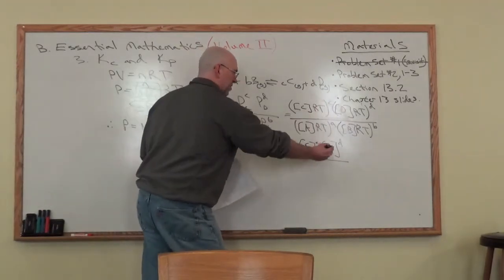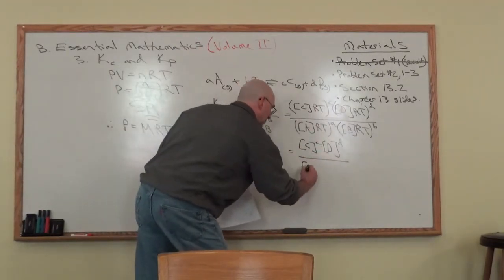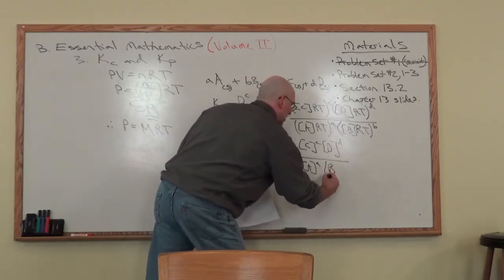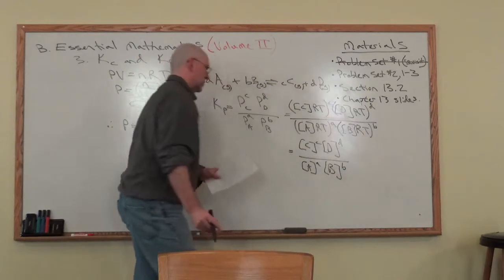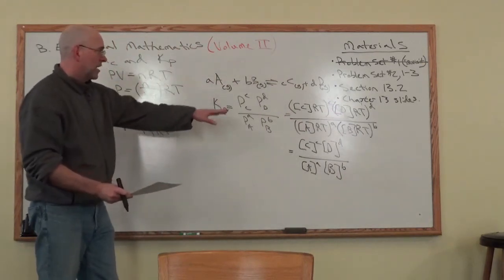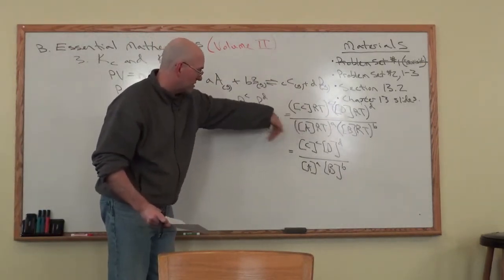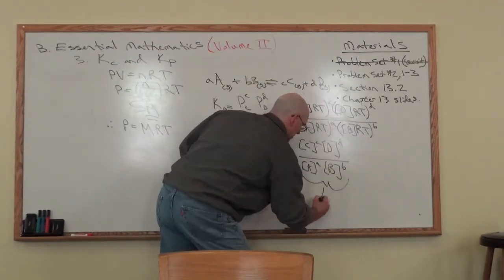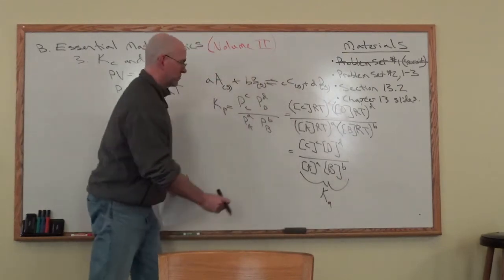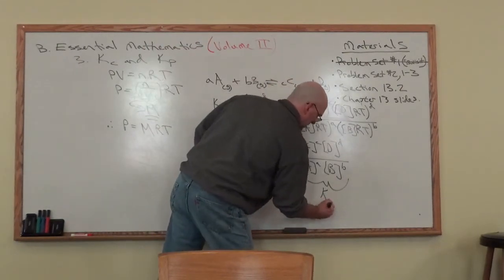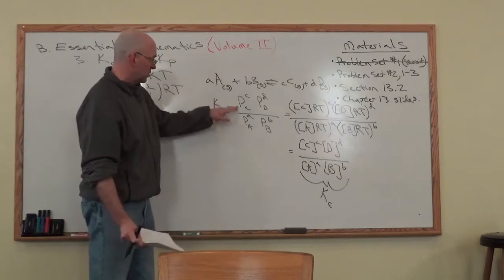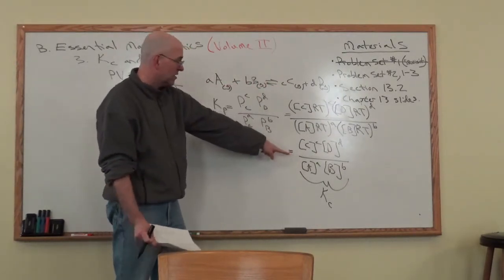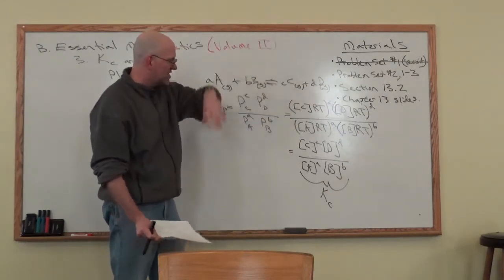I can just pull those out, rewrite them, and then okay, so I just took all the concentration terms of those powers and pulled them out of everything else. Now this actually, that's Kc. That's an equilibrium constant based on the concentrations. If I asked you to write Kc for this one, that's what you would write. So that is Kc, but what about all that RT business?